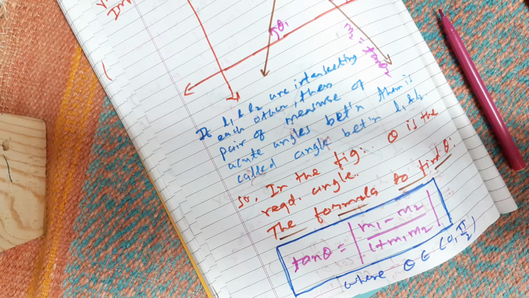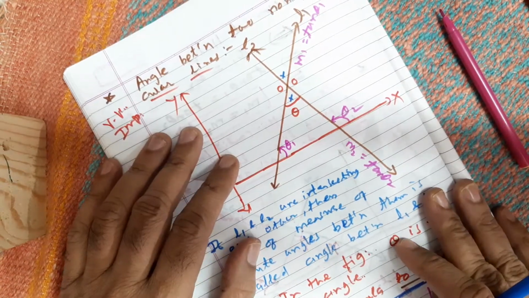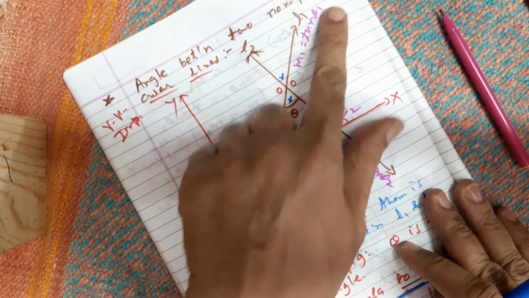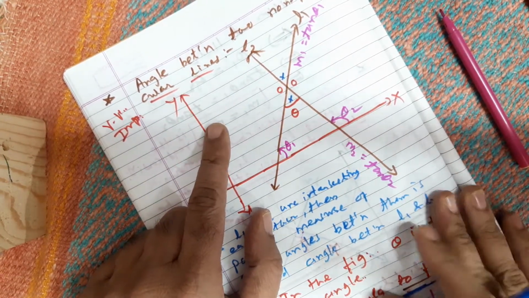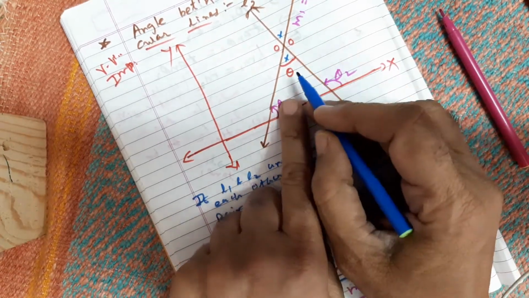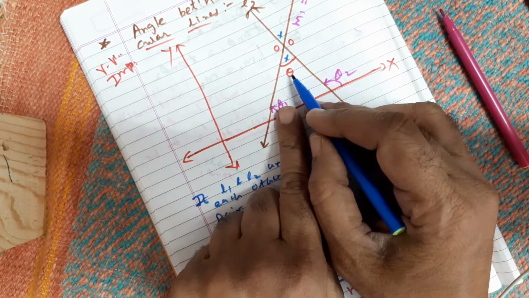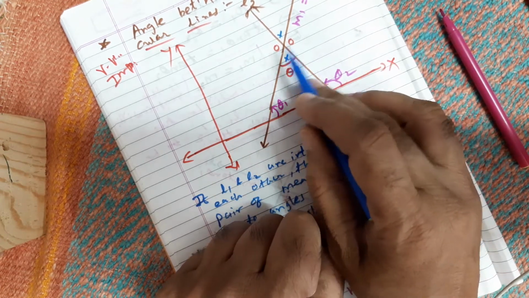So this was the third theory today. And what was it? The angle between two non-perpendicular lines. Again I recall what the definition says: between the two lines, only the acute angle is considered to be the angle between the two lines, not the obtuse one.